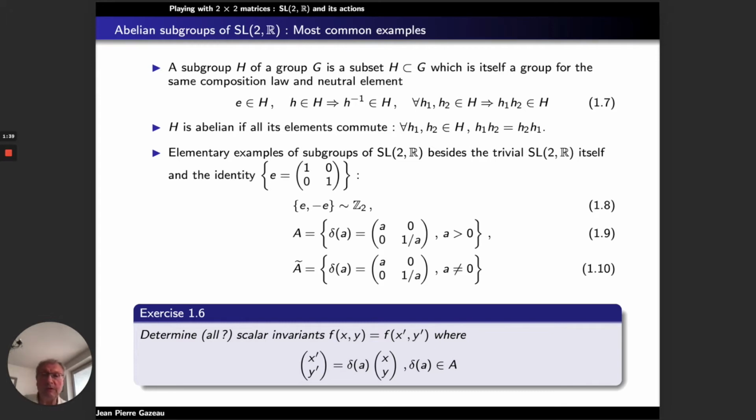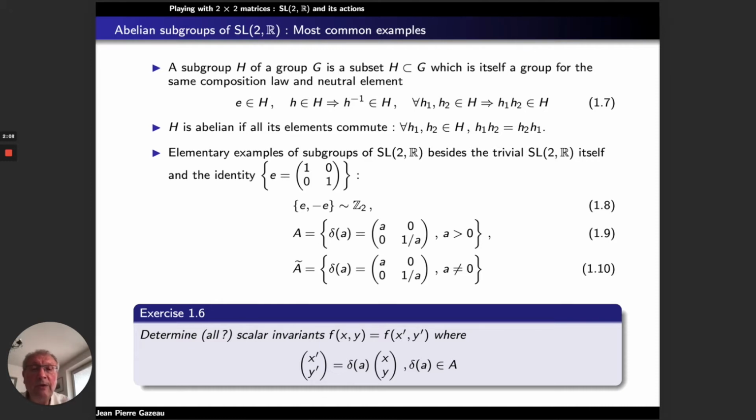So let's consider first the simplest subgroups of SL2R. Of course, besides the trivial ones: SL2R itself, because SL2R is a subgroup of itself, and the identity, which is a trivial subgroup. But now you have a group made of two elements, and we already introduced this subgroup in the introduction.